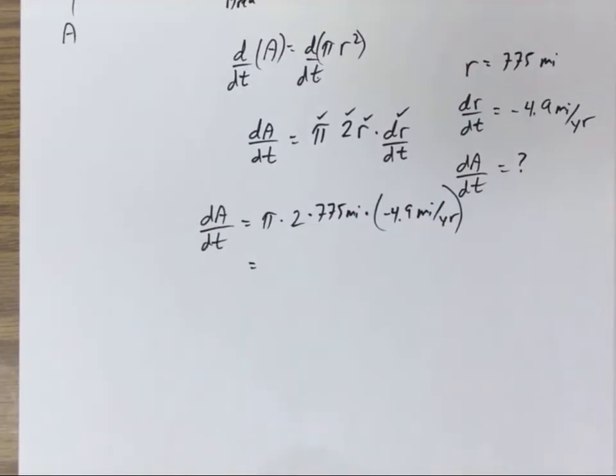Now I've got my calculator. My calculator has a pi key on it, so I hit the pi key. Times 2 times 775 times negative 4.9.